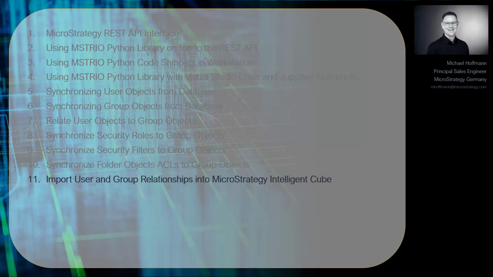As you might know, MicroStrategy can work live against databases, but has also its own powerful in-memory engine, and we can leverage this in-memory engine as a kind of database, so we can import using the Python SDK any kind of object and put this into this intelligent cube. We can even relate different objects to each other in this intelligent cube, and then we can report on top of this intelligent cube about all the objects that are part of it.